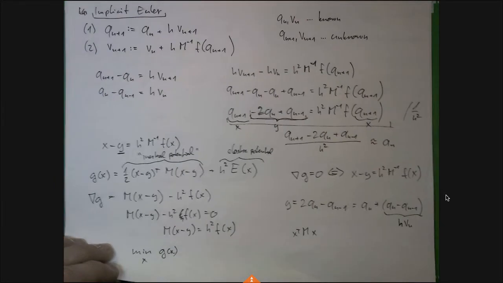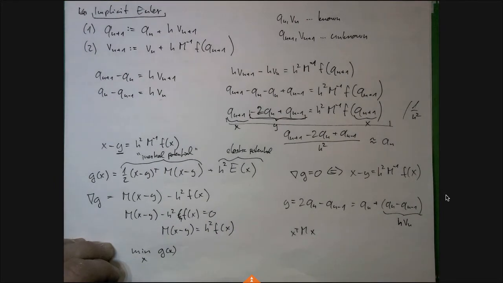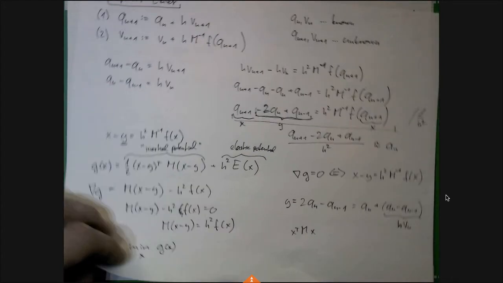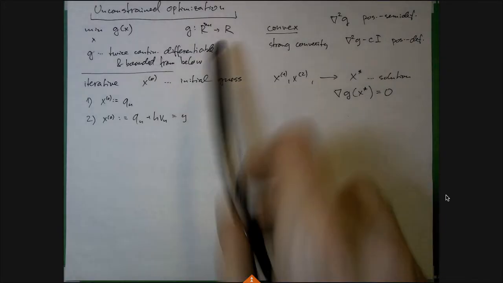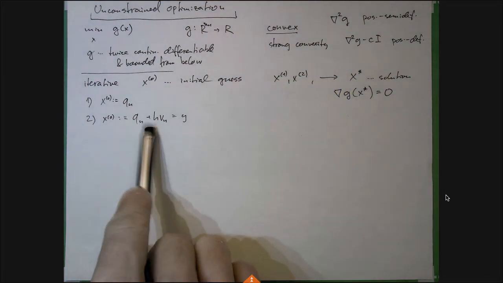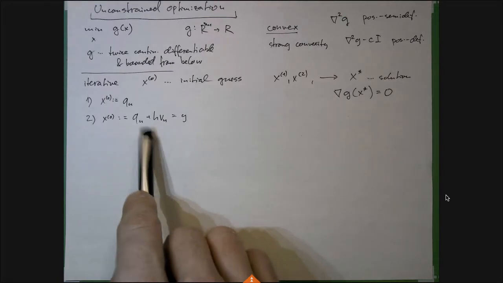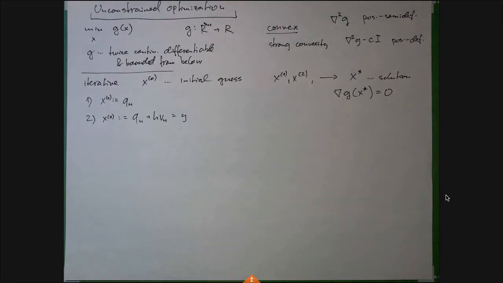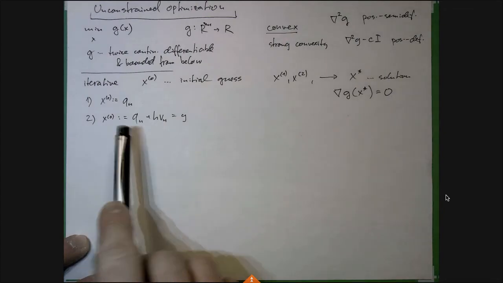That's essentially also why position-based dynamics works, or how you can explain position-based dynamics. This point of view is very useful because it explains a lot of things, and this trick is essentially what makes position-based dynamics work. But I will explain that more next time. Right now this is just an initial guess.